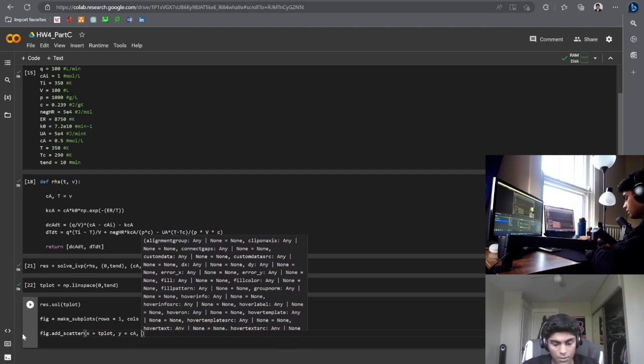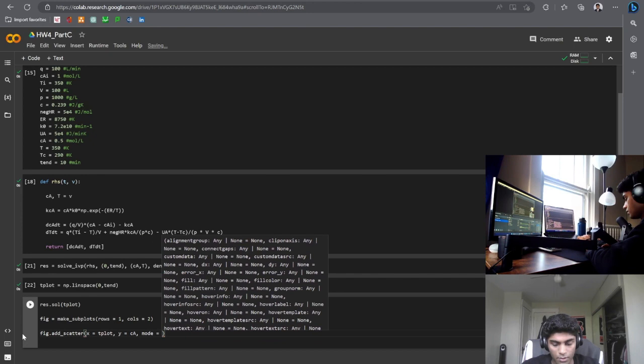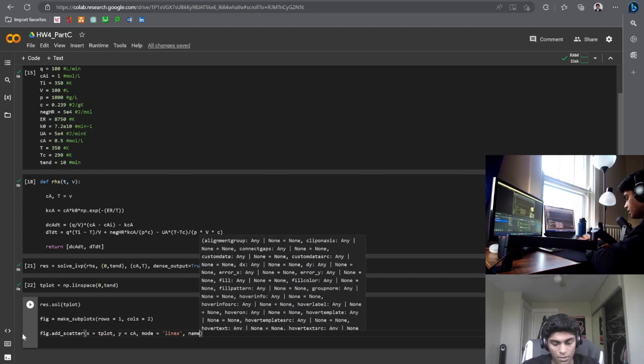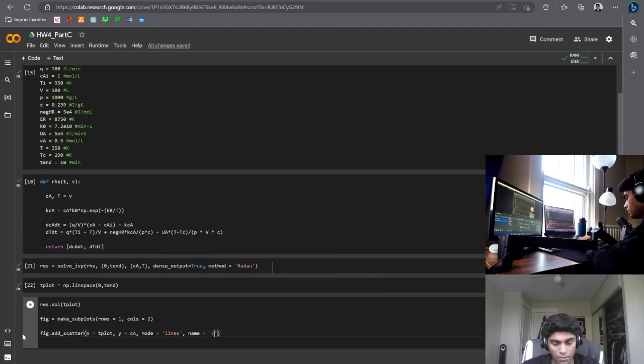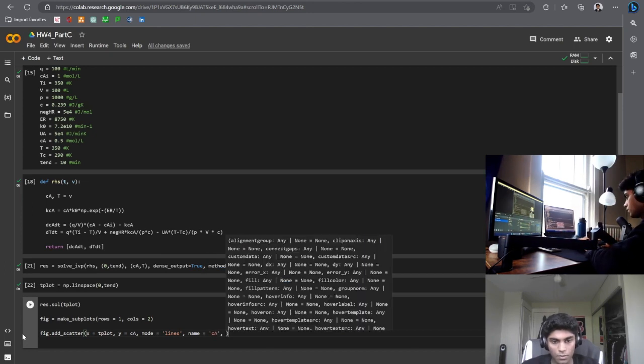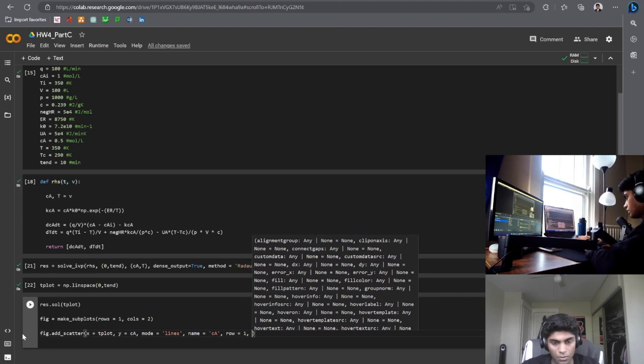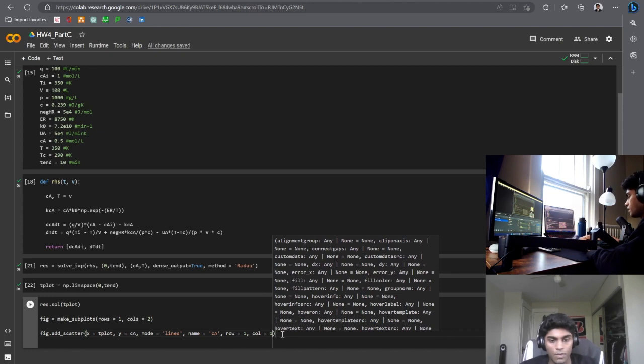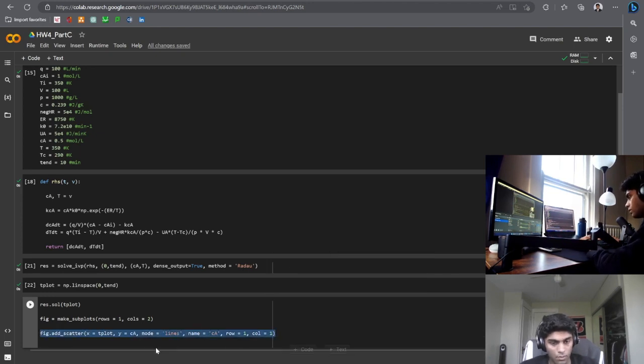Let's see. Mode equals lines. Name equals CA. Row equals 1. Column equals 1. Now, we'll have this one be temperature.